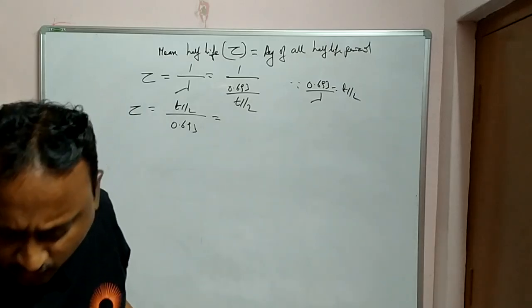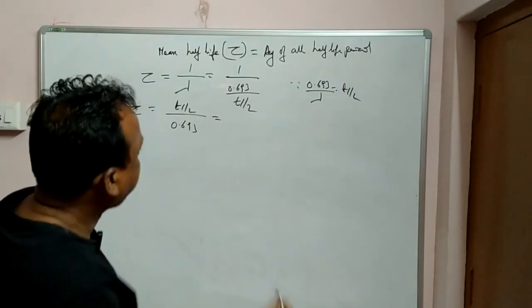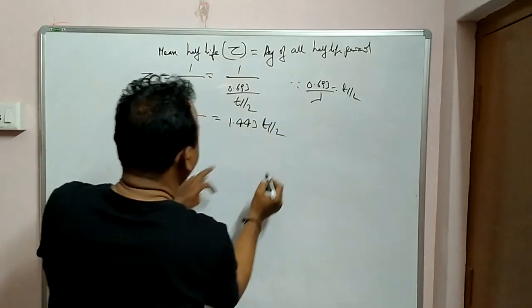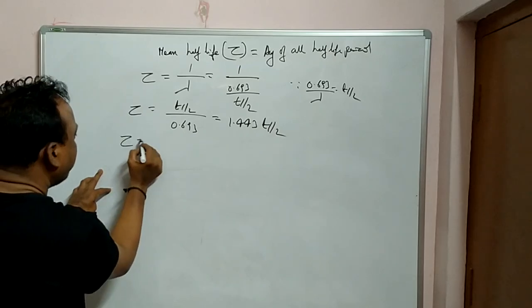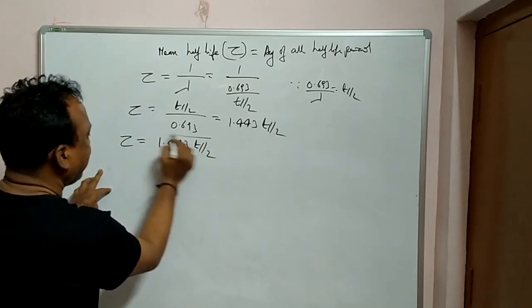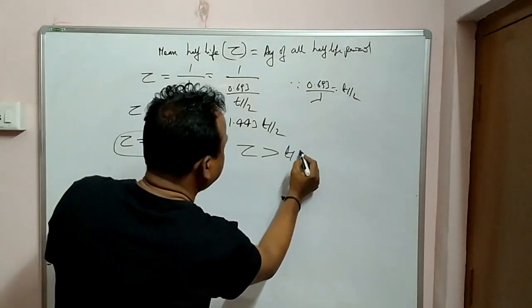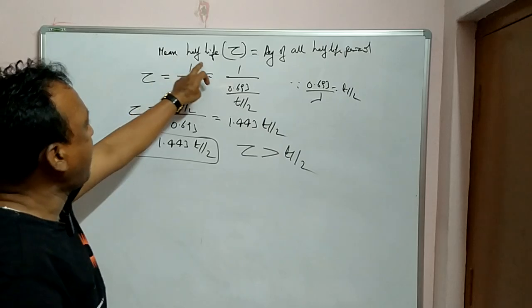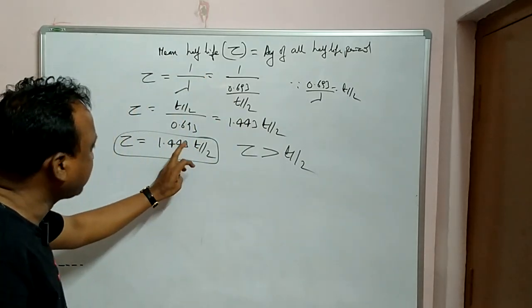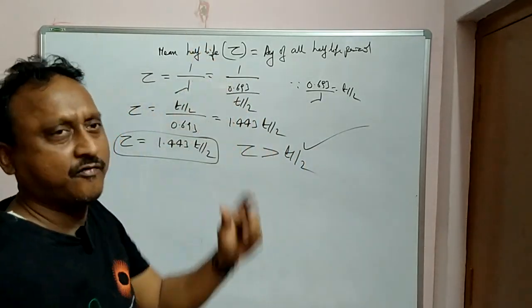This is nearly equal to 1.443 of T half. So what does it mean? Mean half-life is equal to 1.443 T half. Mean half-life is greater than T half. That means mean half-life is greater than the half-life period. You can see it is 1.443 times T half. Okay, clear? So this is the definition of mean half-life period.